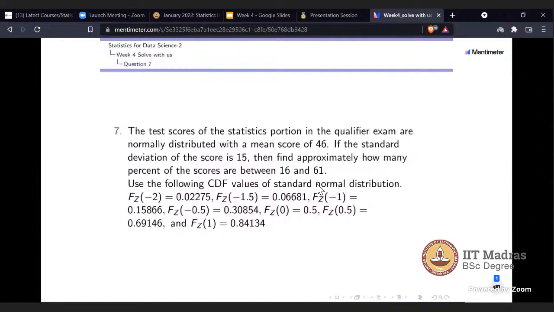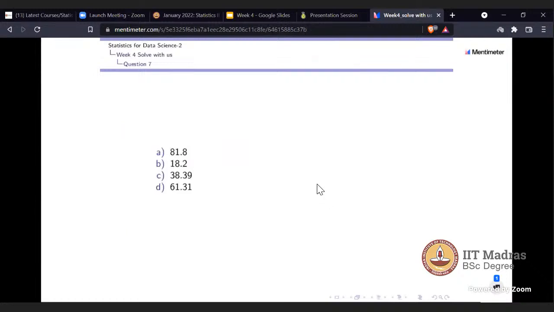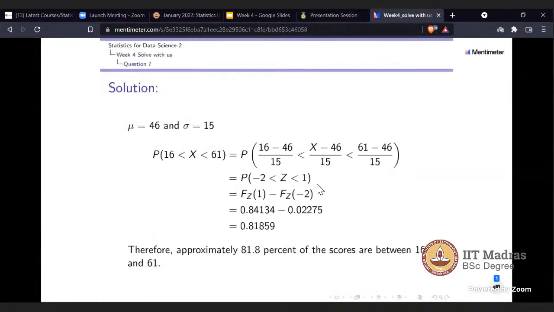Now you have to find how many percent of scores are between 16 to 61. So what proportion of scores lies between 16 and 61? So basically you have to find the probability that X lies between 16 to 61. So you will have to do the normalization here.